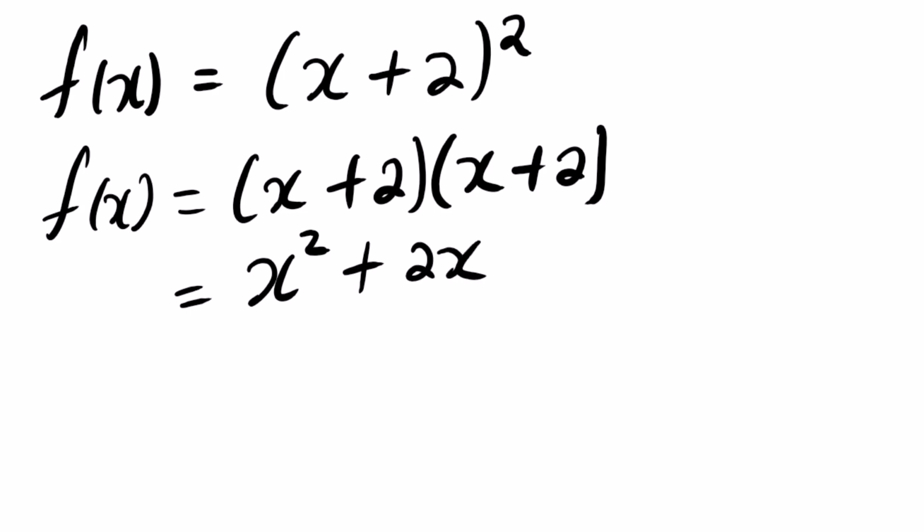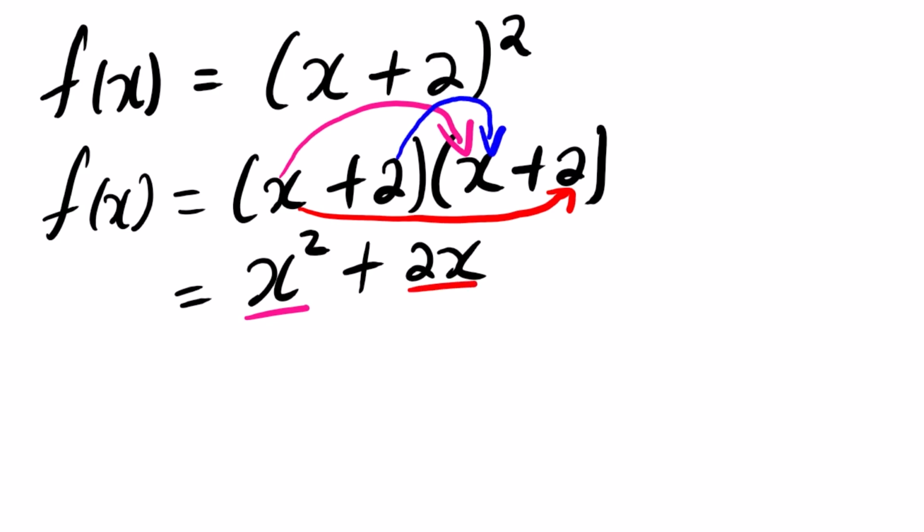Actually let me show you how to do this. x multiplied by x, it's this. x multiplied by 2, x multiplied by 2 is 2x. 2 multiplied by x, it's actually 2x, and then 2 multiplied by 2, it will give us 4.